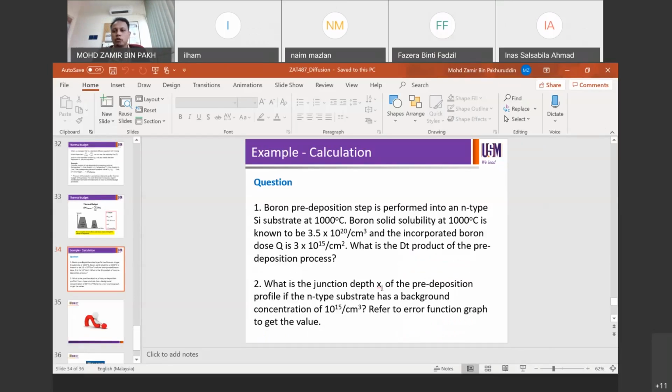All right. So what's the junction depth then? Right, anyone? Kalau you dapat jawapan, just write down in the box. It's fine. Anyone with junction depth?